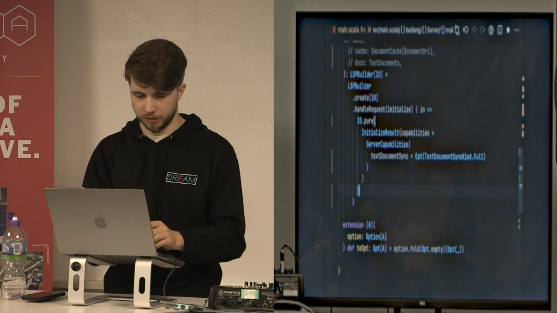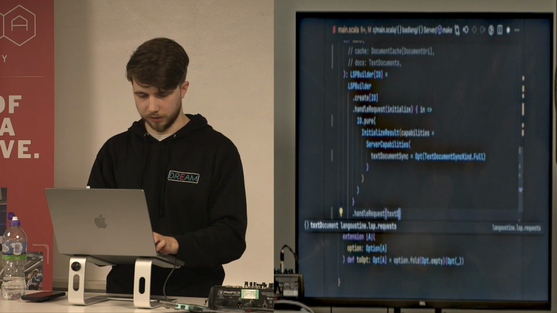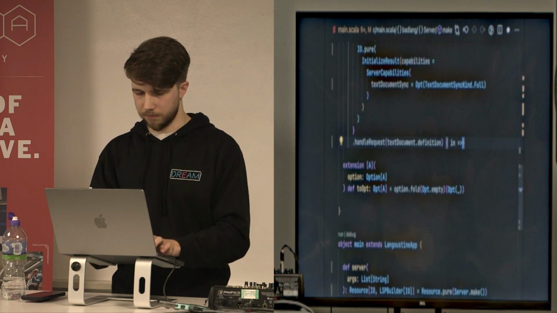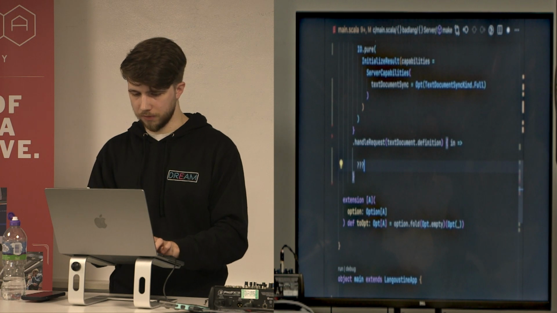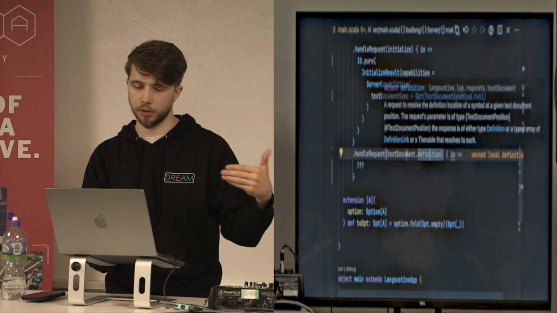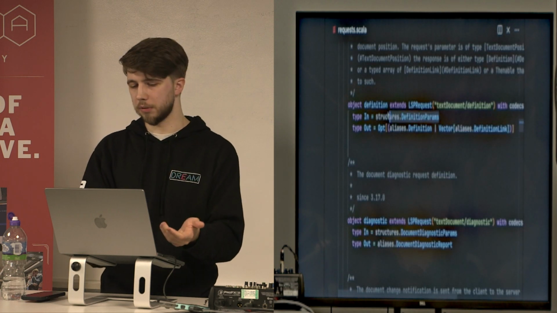So let's try to do it. I'll add a handler for the request text document definition. I just want to say how nicely typed the library is, because I can say I'm handling the text document definition request, and I know exactly what the input type is going to be.